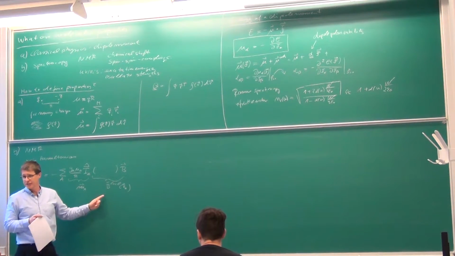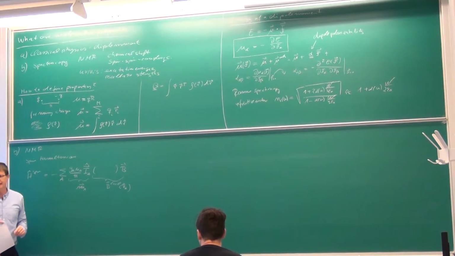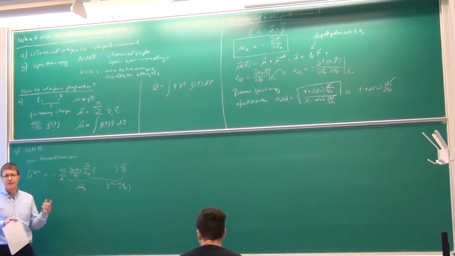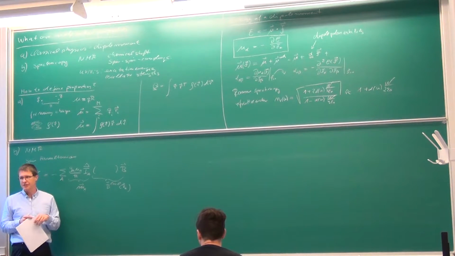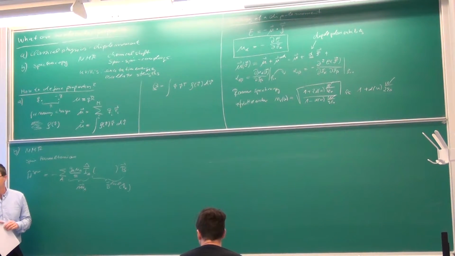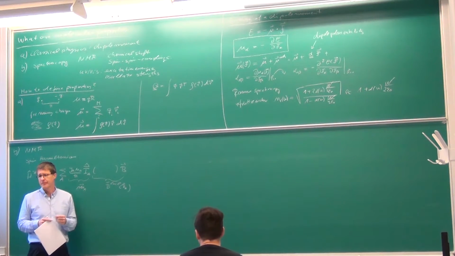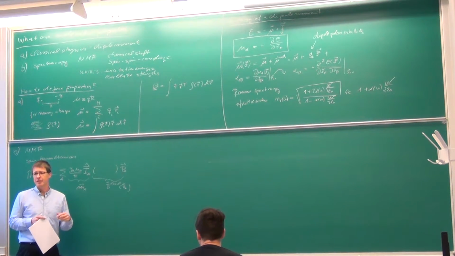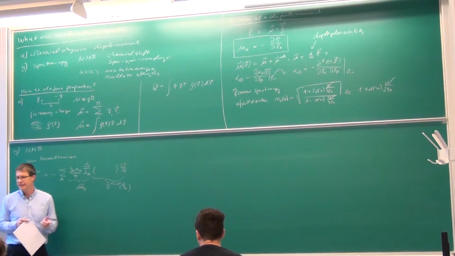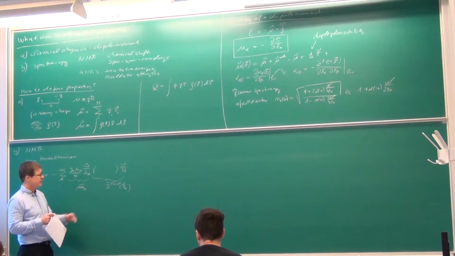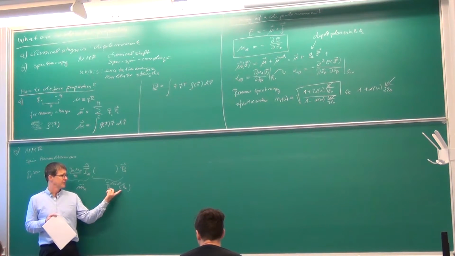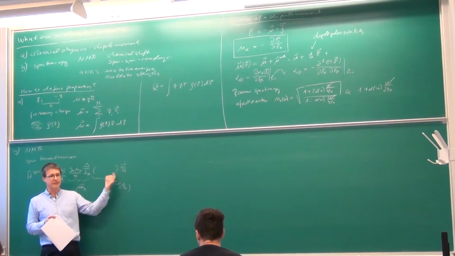Because now I have electrons, and electrons have a charge, so we have charges in fields, and charges in fields give rise to induced moments, which classically oppose the external field, and in quantum mechanics it can be both ways. So there's some kind of screening of the external field.